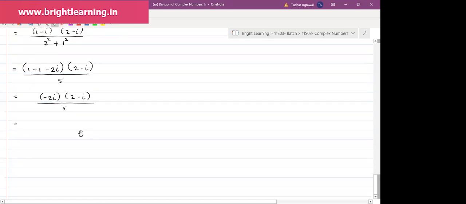Just using the distributive law, negative 2i into 2 will be negative 4i. And negative 2i into negative i gives plus 2 times i square. So i square, just change the sign, so I will write minus here. And the upon 5 is already there.